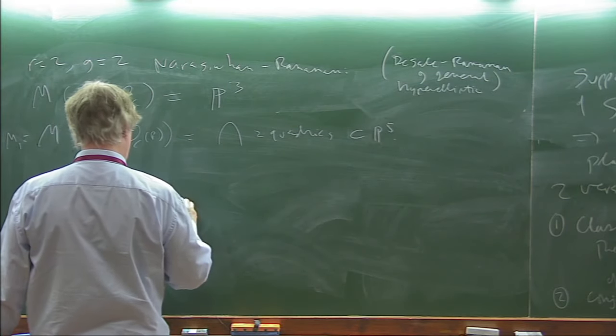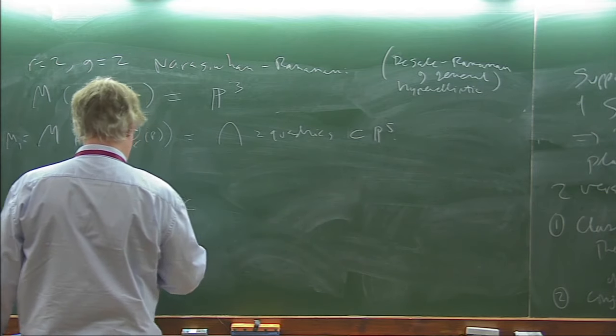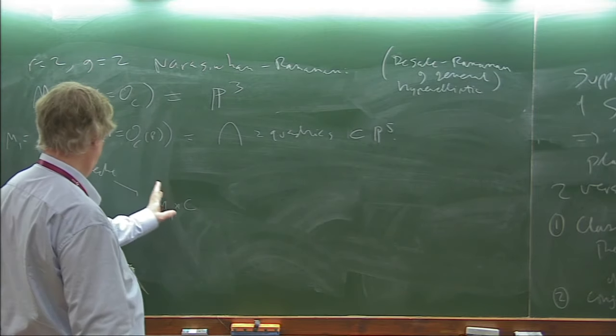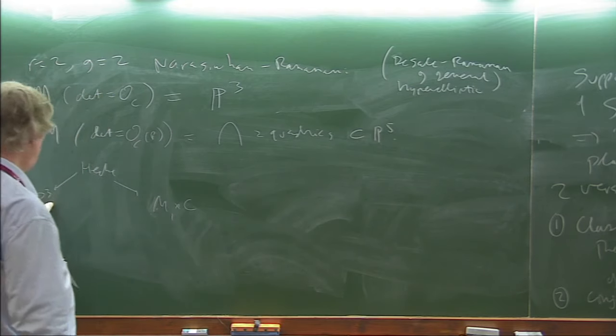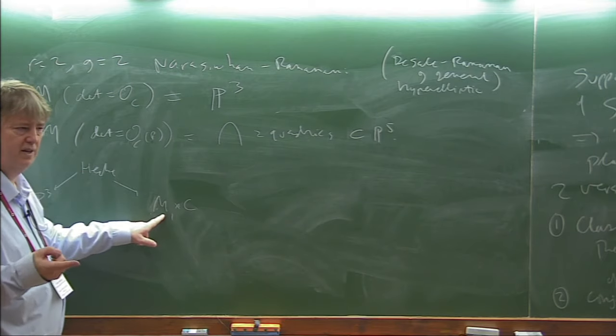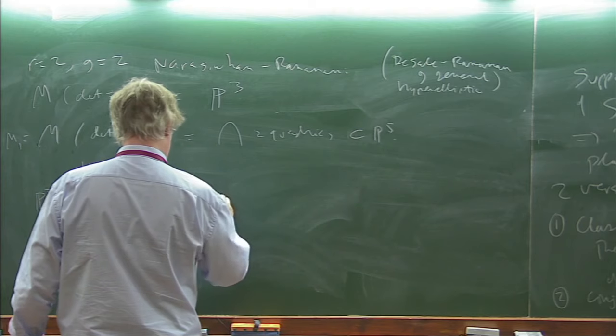Roughly speaking, it's not really M1 cross C, there's a twisting. This is part of the reason this is complicated. If you think about the natural Hecke isomorphisms, the Hecke is not going to fix the determinant. A one-point Hecke is going to give you a bundle with determinant equal to that point. So it's not going to be really this one. It's some kind of twisted.